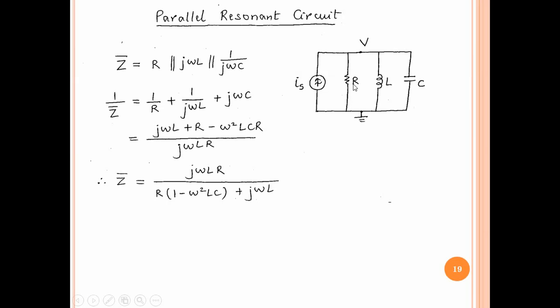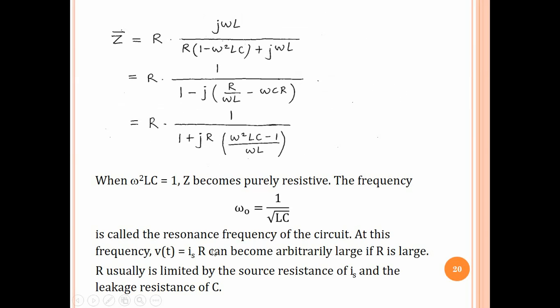But both these resistances, the R of the Is and the R of the capacitor, can be quite large, and therefore this R can be quite large, and so the voltage that can appear across this circuit can become very large. This is the beauty and the utility of this circuit. So even for Is small, V can be large.